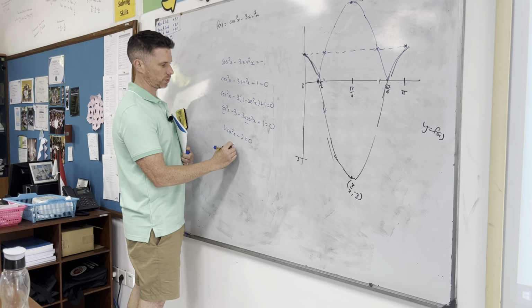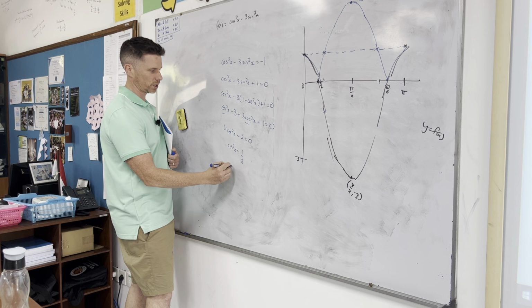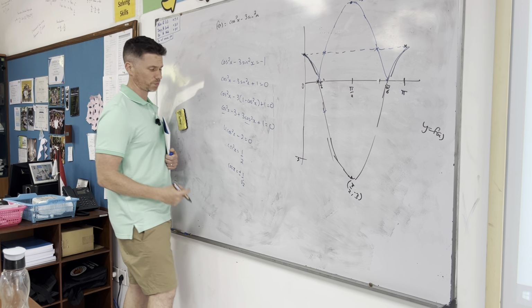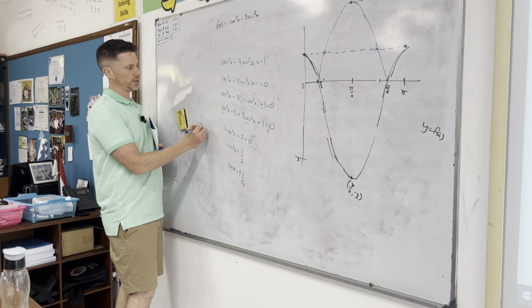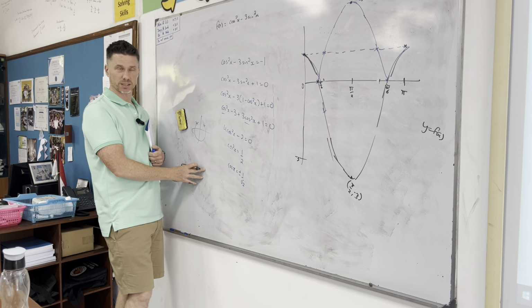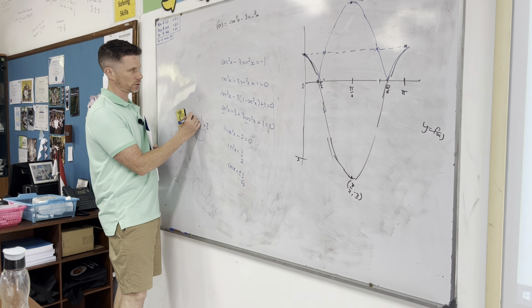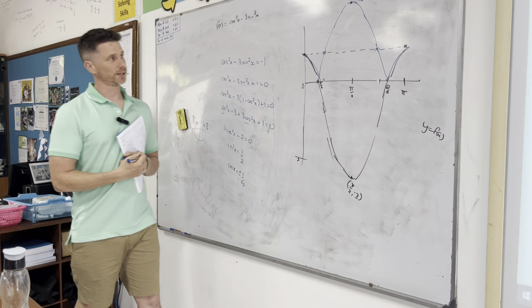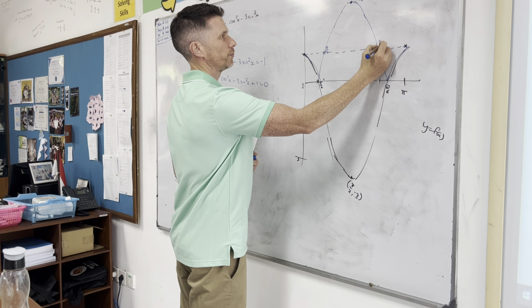So cos squared x is 1 over 2, with the 2 and the 4 cancelling. So cos x is plus or minus 1 over root 2, which is pi over 4. So pi over 4 in the first quadrant, and in the second quadrant 3 pi over 4. And that's these two values.